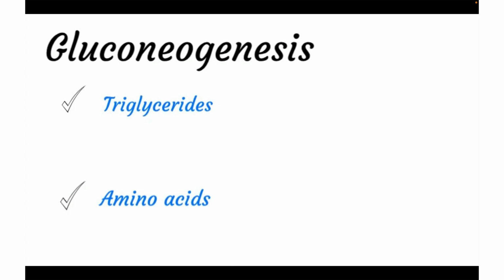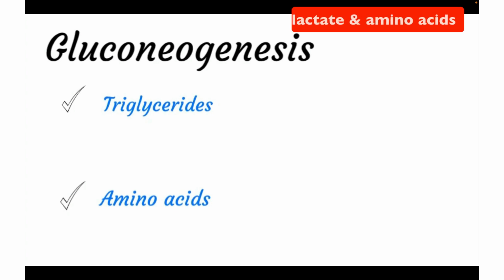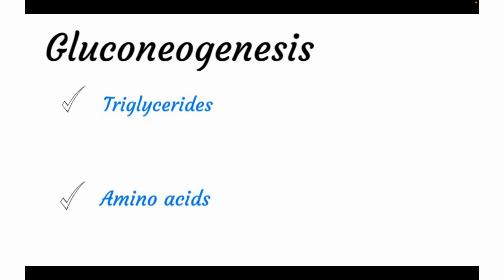Gluconeogenesis is the synthesis of glucose, mainly from lactate, which we just previously outlined, and amino acids, and to a certain degree from triglycerides, which we see up at the top right here. To be very clear, for amino acids, only 60% of amino acids can be converted into glucose.